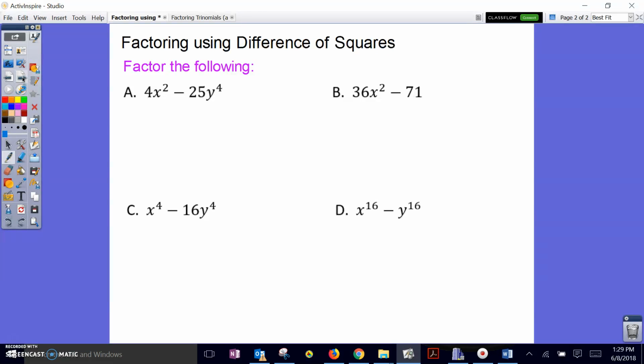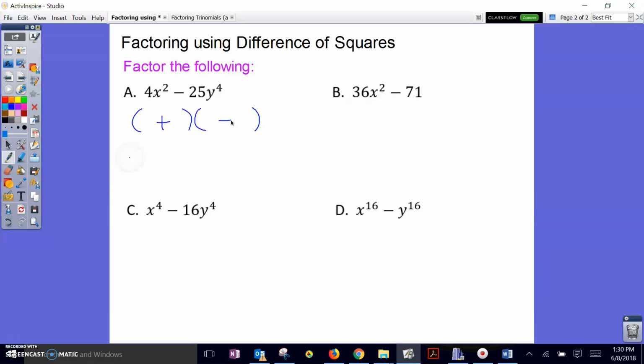A few more problems, a little bit more difficult on this page. First, 4x squared minus 25y to the fourth. So we've got a binomial separated by a subtraction sign. So I think, hey, maybe this is a difference of squares. And I go ahead and try it out.